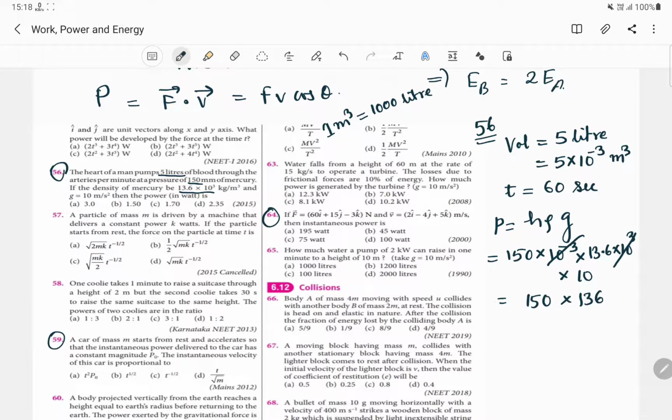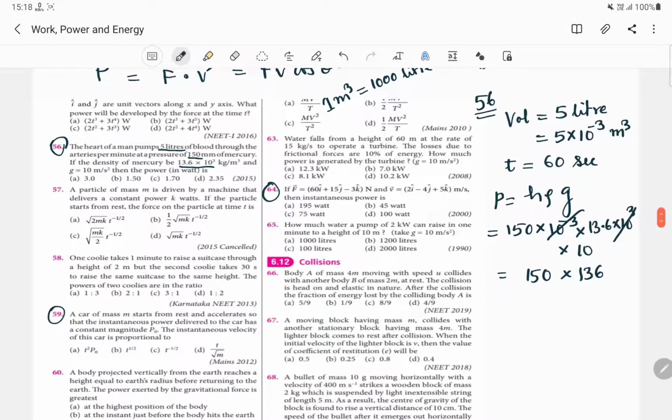13.6. And let us find out the value here. 150 into 13.6 gives the pressure, and we will be having 22400.